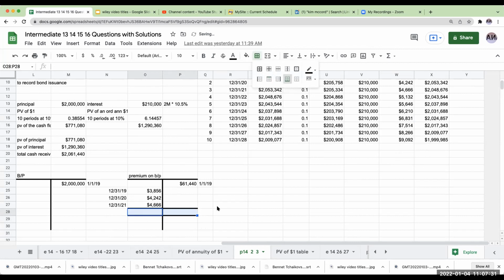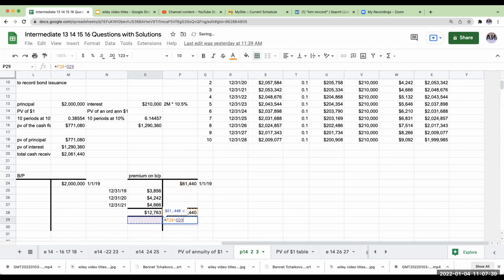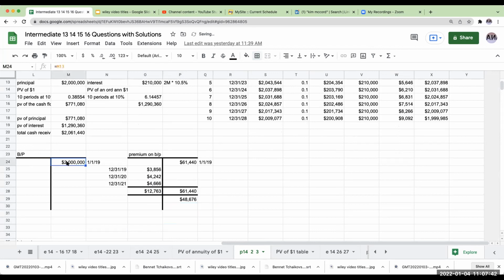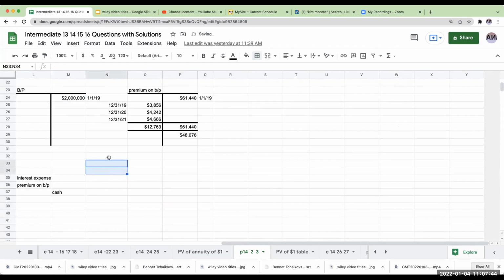So essentially pre that July 1st, 2022, as of 12/31/21, my bonds had a carrying value of $2 million plus the premium of 48,676.